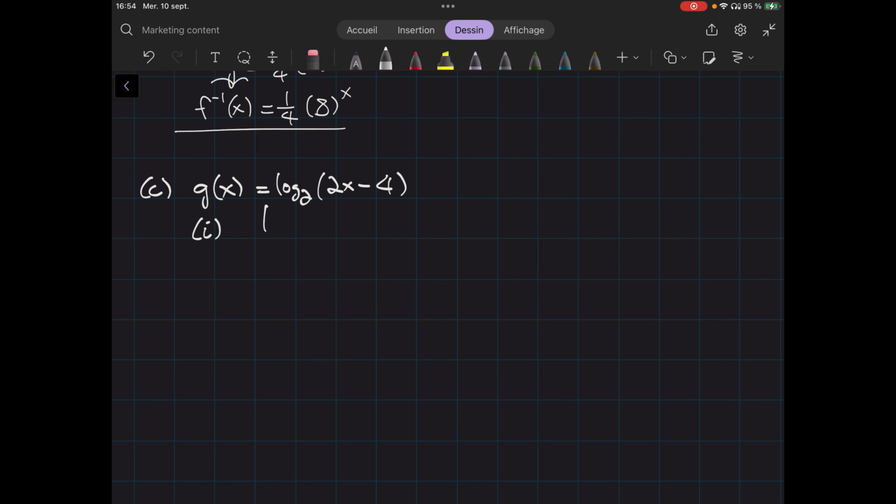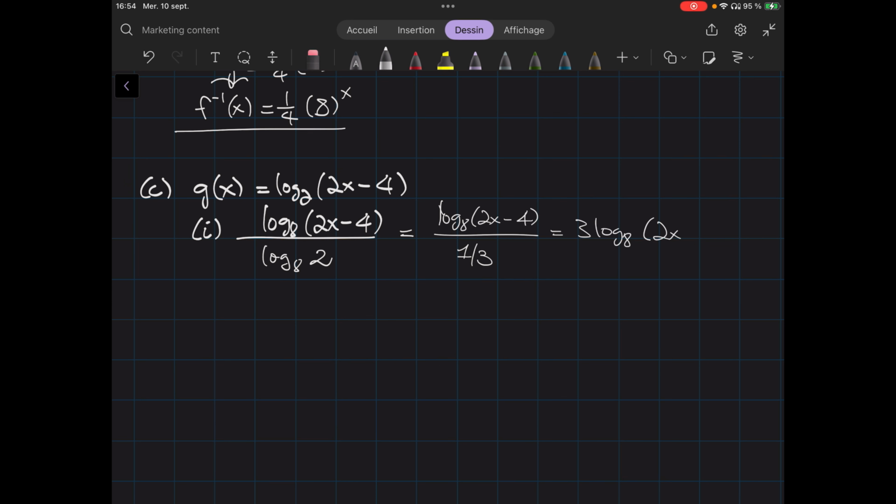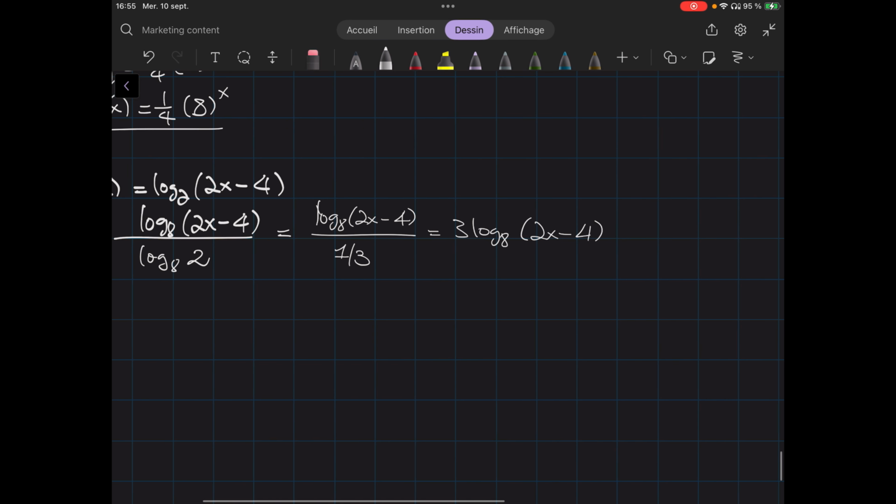Let's change the base first. Log base 8 of 2 is 1 by 3. So we are now halfway there.